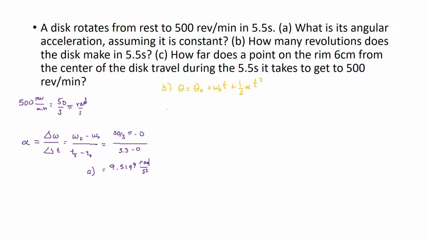We know this thing starts from rest, so this is 0, and this is 0. So this angle is a half of 9.5199, the value we just got, times 5.5 squared, using parentheses here.